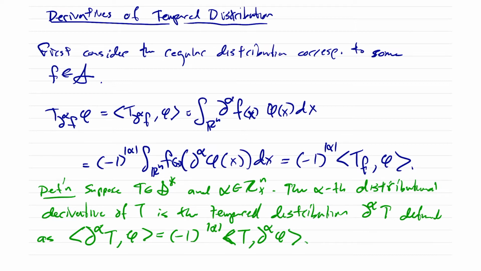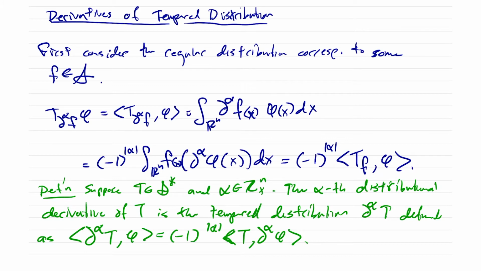So really what we're doing is defining the derivative of the tempered distribution T. We say the derivative is whatever happens when you take the derivative of phi first and then hit it against T, and that gives you some other distribution, and we declare that distribution as D^α T, right?